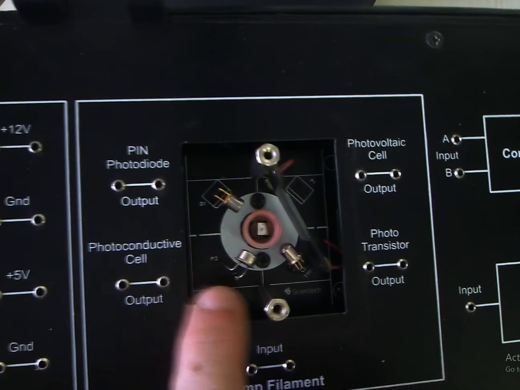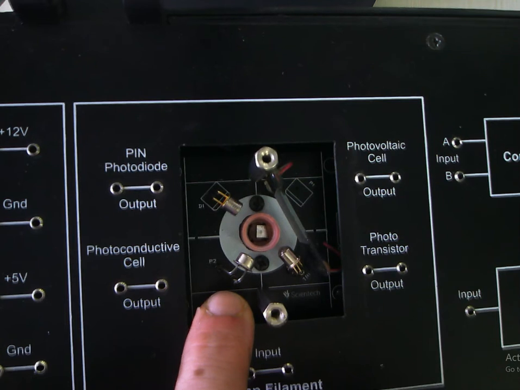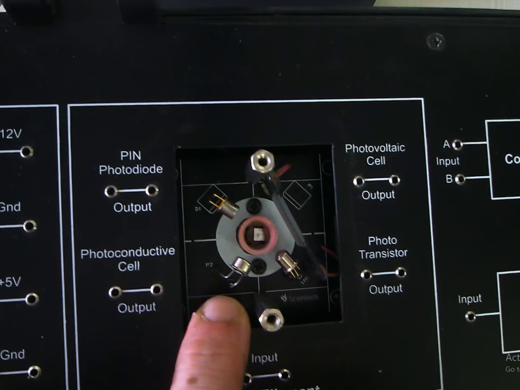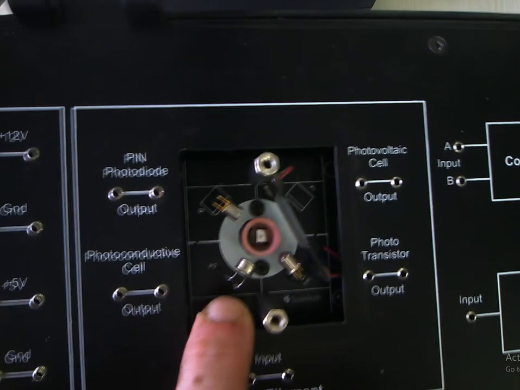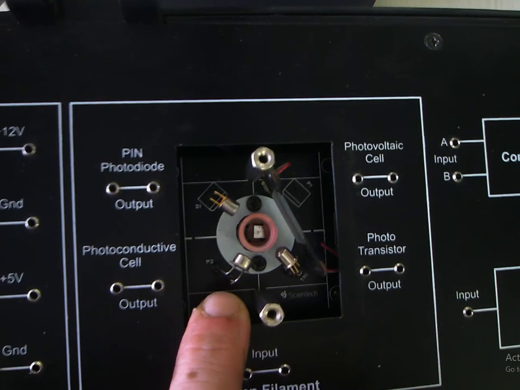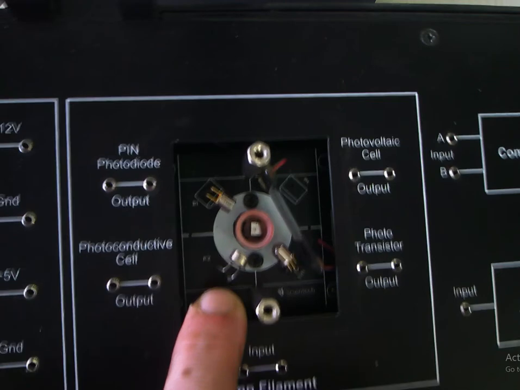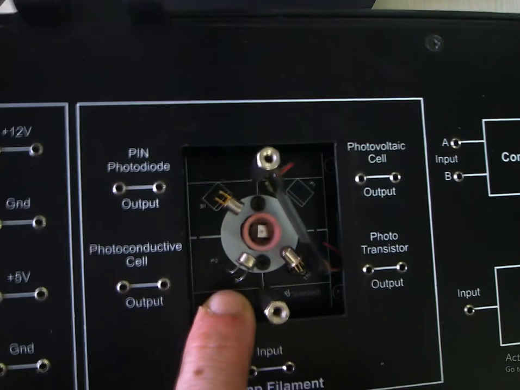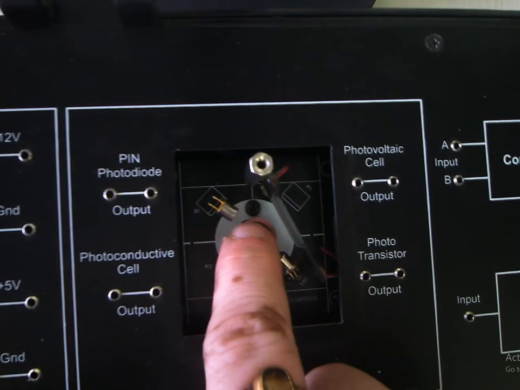So if you measure resistance between two terminals, then you will find that in absence of light, or when the intensity of light is very small, the resistance is large. As light intensity increases, the resistance drops drastically. Finally, there is pin photodiode.